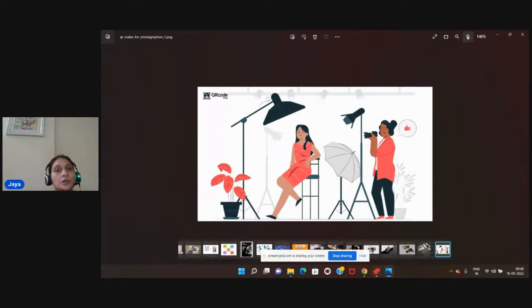You can make a small addition to your resume through a QR code. You can create a QR code that links to your gallery of the pictures you have taken, and add this QR code to your resume, so that it helps you showcase your work.